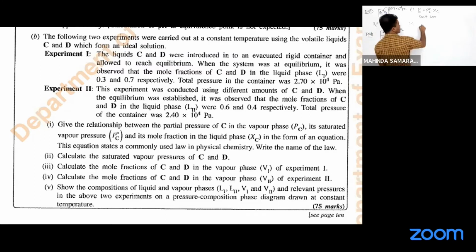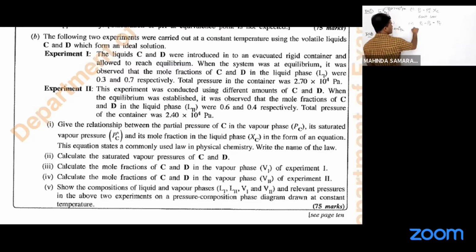PC plus PD equals PT. But what is PC now? PC can be expressed in terms of Raoult's law. PC equals P naught C into XC. P naught C, we don't know. That's what you are asked to find out.